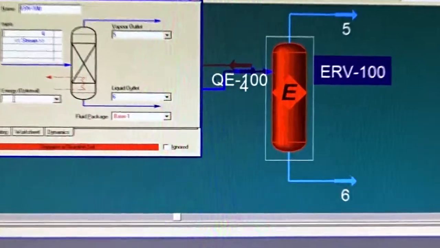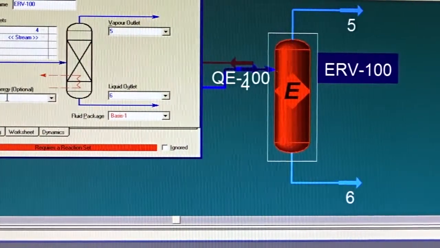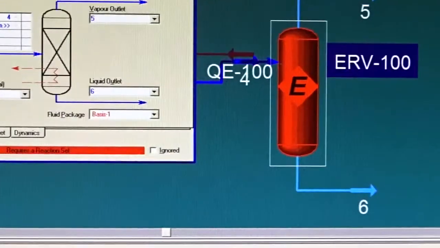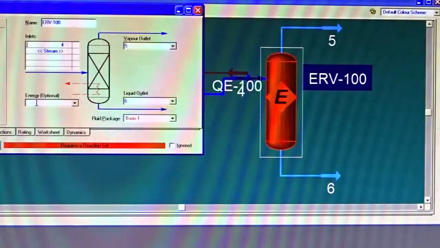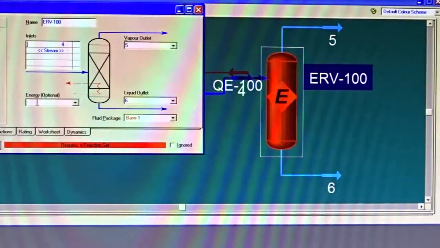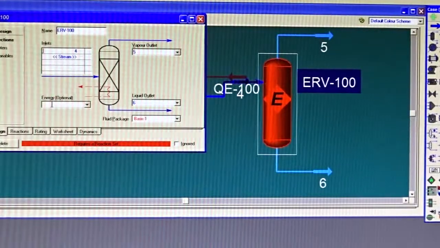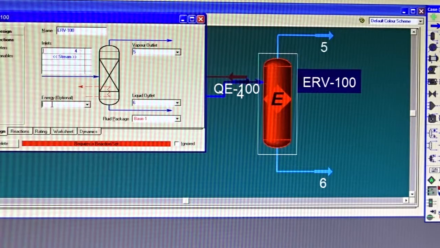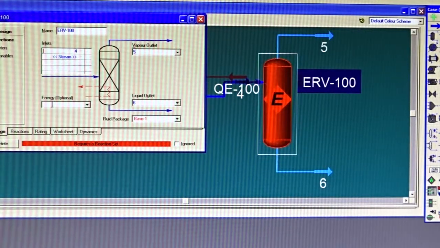Notice now in HYSYS we have something that HYSYS calls energy, and it's an optional stream. We can heat up the reaction contents. We can cool down the reaction contents to any desired temperature that we would like to have. If we do not add this energy stream, HYSYS by default assumes the reaction takes place at adiabatic conditions, which means what? Q equals 0. I'm going to leave the reactor as an adiabatic reactor, so I don't need the energy stream.